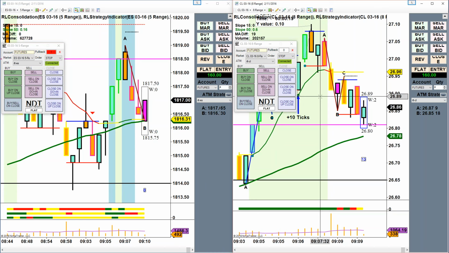Coming off the value area high on crude, we really don't have a trade here. We need a double test of the value area high.